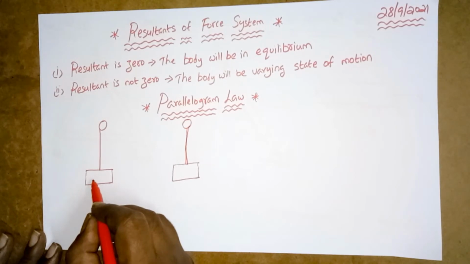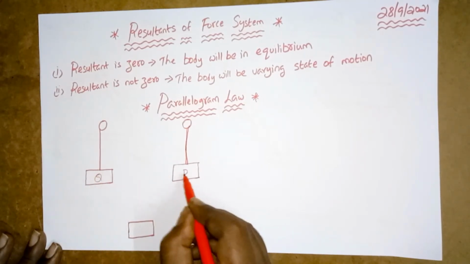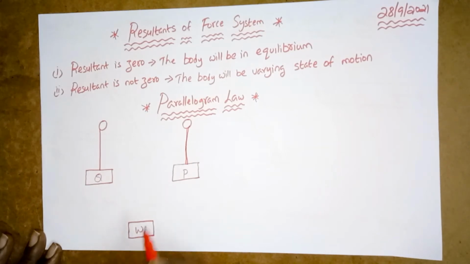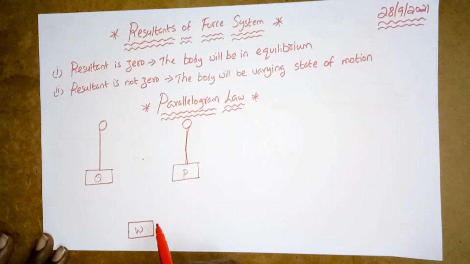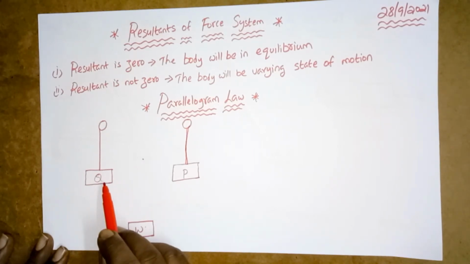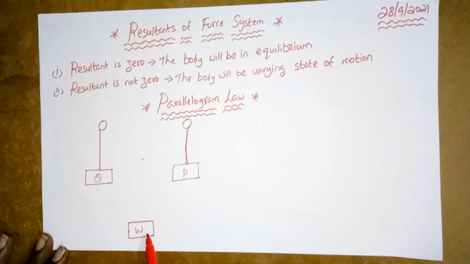These are the free ends: this is Q, this is P, and this is W. Three chords are tied together, and weights are fastened to the free ends Q, P and W. Here we must ensure that the sum of P and Q is greater than W. In this entire setup, we take care that the sum of P and Q should be greater than W.